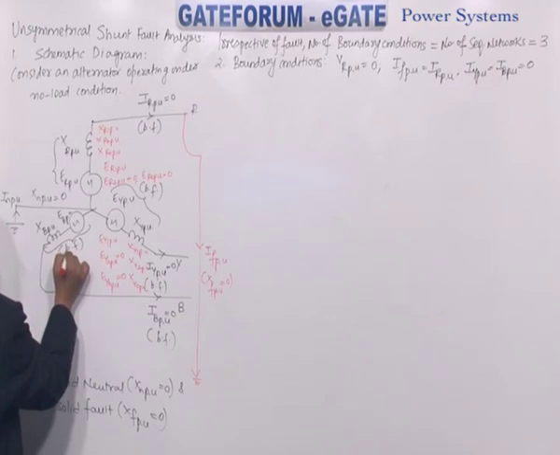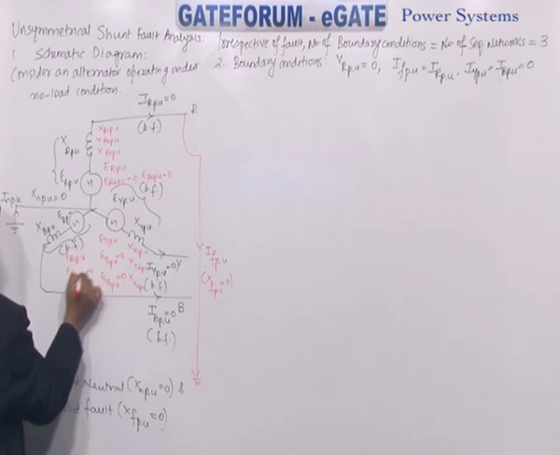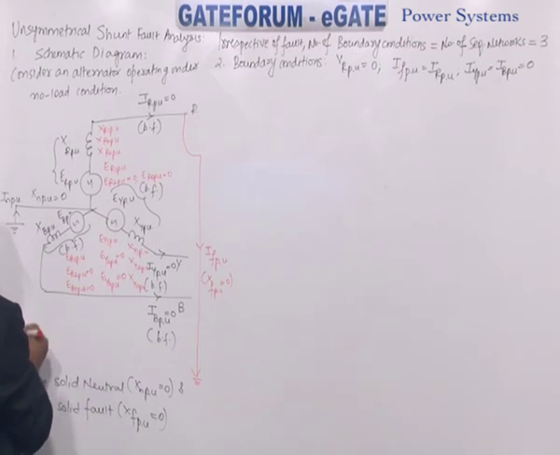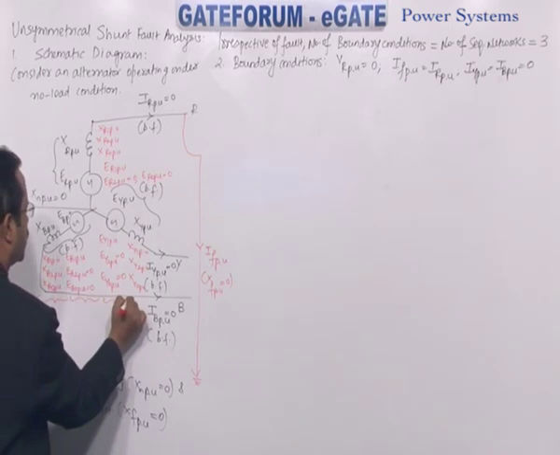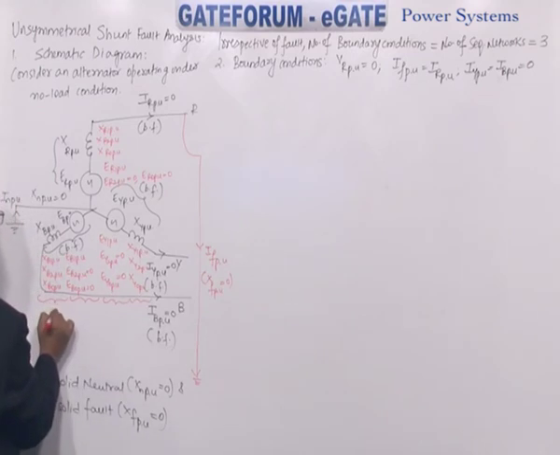You represent it with EB1 per unit, EB2 per unit 0, EB0 per unit 0. What about XB? We mention XB1 per unit, XB2 per unit, XB0 per unit. So this is how you represent them during faults.